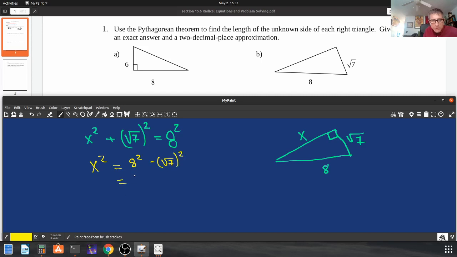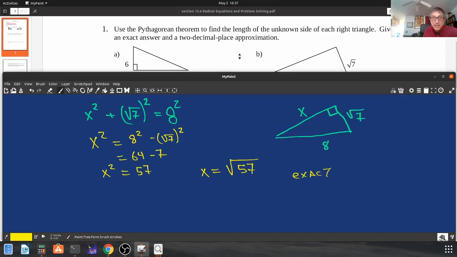So 8 squared is 64, and minus the square root of 7 squared is just minus 7. So 64 minus 7 is 57. So x squared is equal to 57. So using the property, we want a length, x is equal to the square root of 57. And that answer is exact.